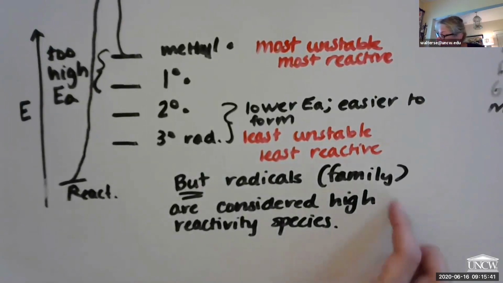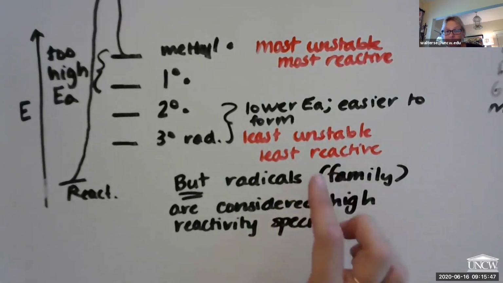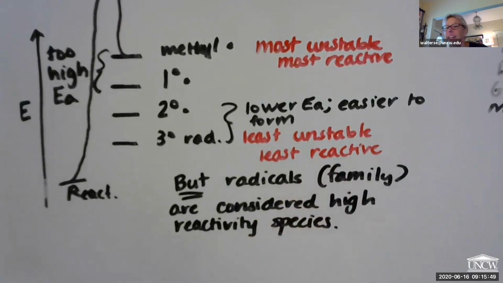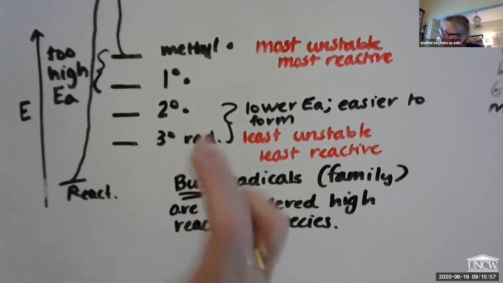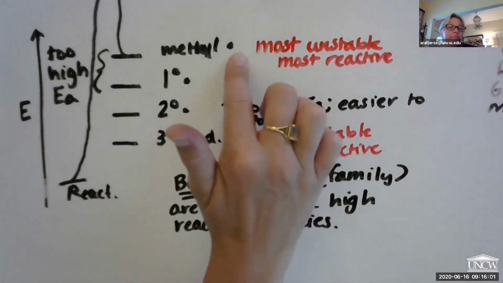It's because these radicals that form are going to need an electron because they're so reactive. They're going to just take an electron from anything they can find. And biologically speaking, that causes aging and issues. But to say that, yes, this is the most reactive, but you would have a hard time making it.